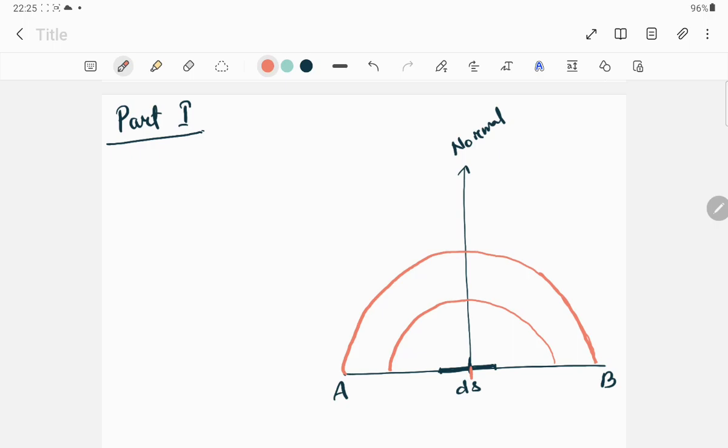Now, this radius I will name R, and this is R plus dr. So this much is called dr. Now I will be considering two faces here.